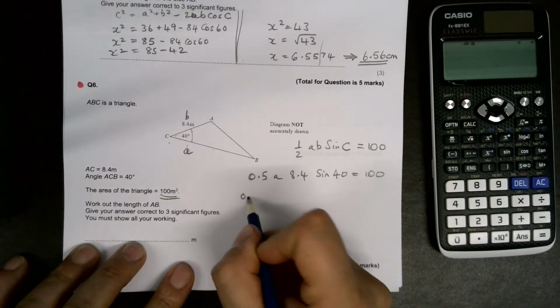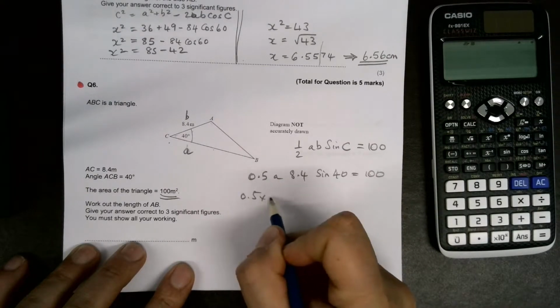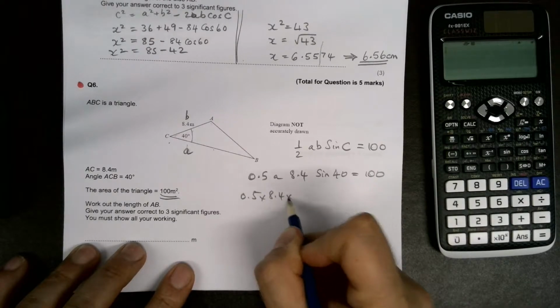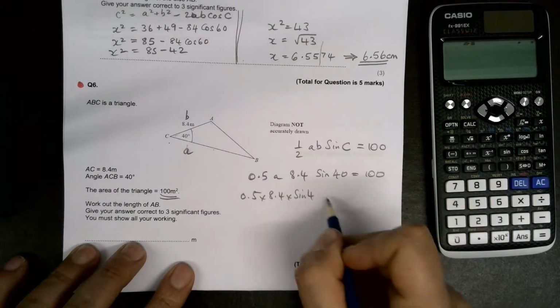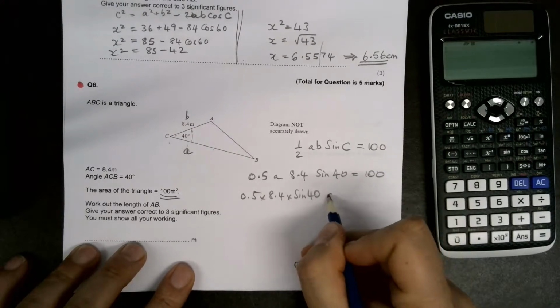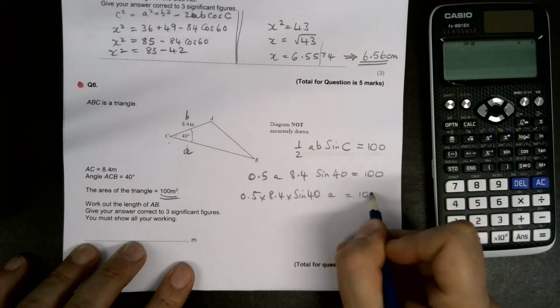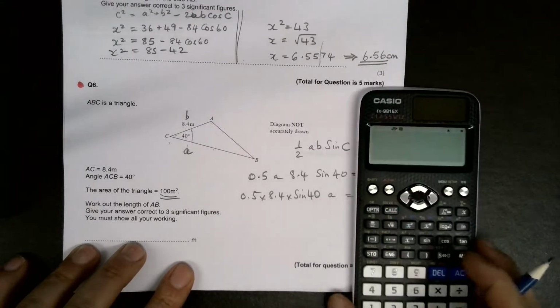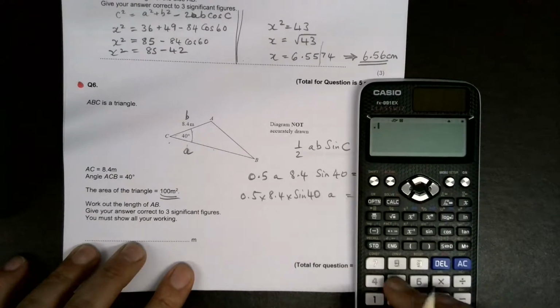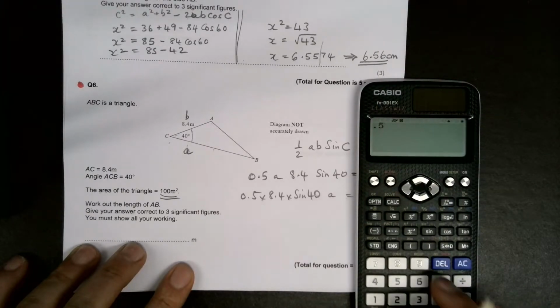So we have 0.5 times 8.4 times the sine of 40. A equals 100. Use your calculator at this point. 0.5 times 8.4 times sine of 40.